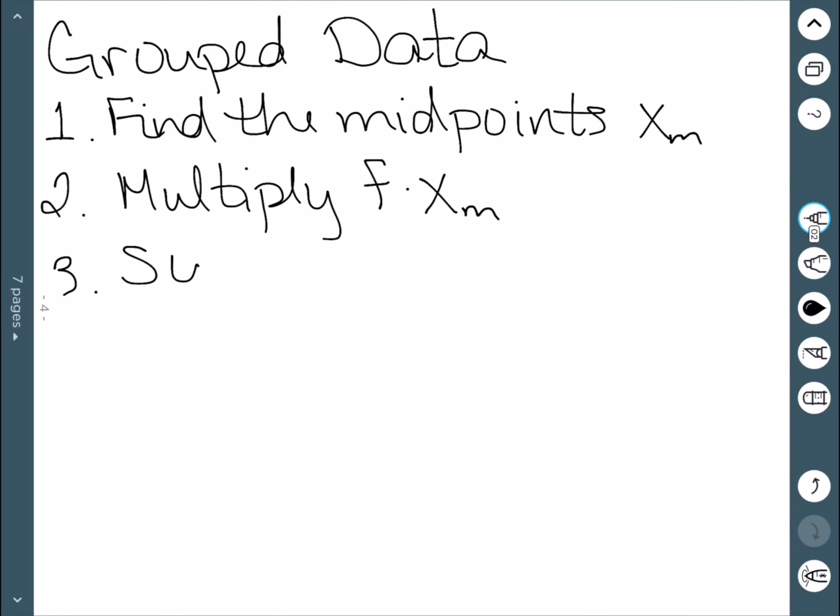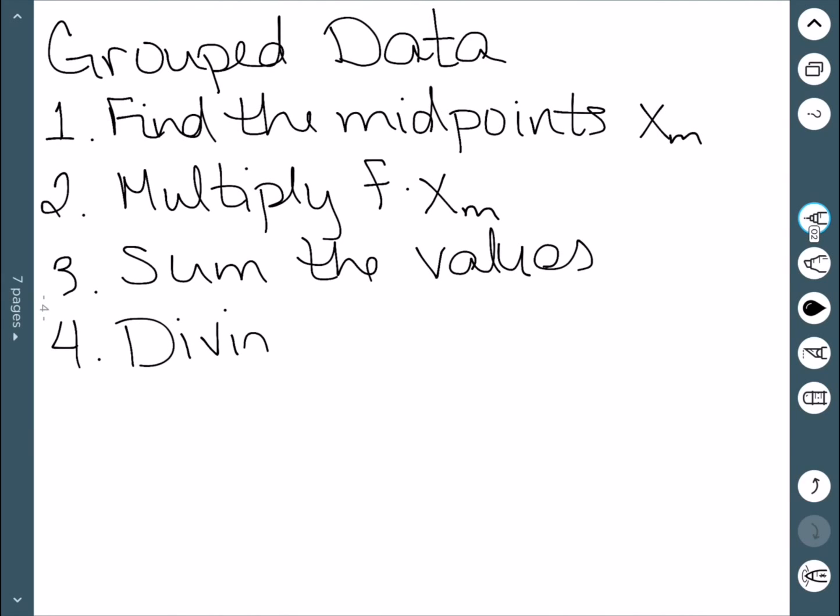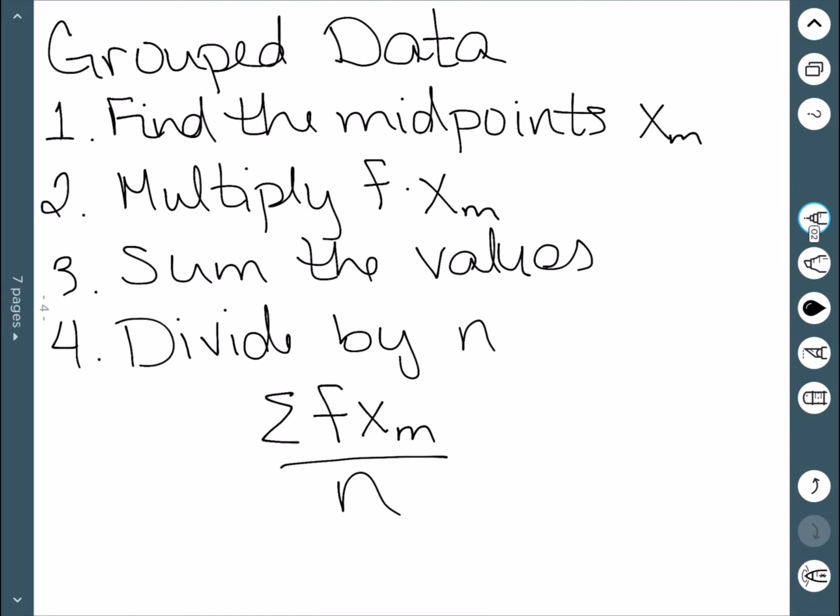The next step, sum these values. We're going to add these values up. And then after that, we just need to divide by the total number of values, similarly to when we just had a mean. So we'll say by n for the total number of values. So this time the formula is the summation of f times x sub m over n. And we'll do an example to display this.